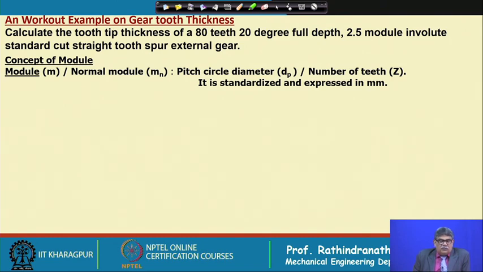Now, concept of module as a hint is given: to make the teeth equispaced and one should not foul the other, we define the gears by its module and the base circle number of teeth. So, module, or it is sometimes called normal module, is pitch circle diameter divided by number of teeth. It is standardized and expressed in millimeter.